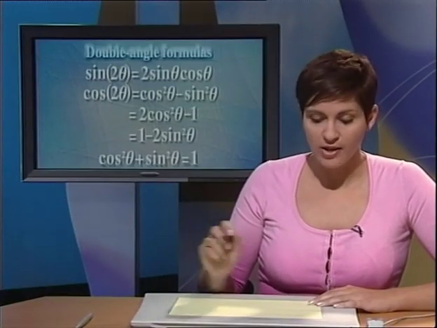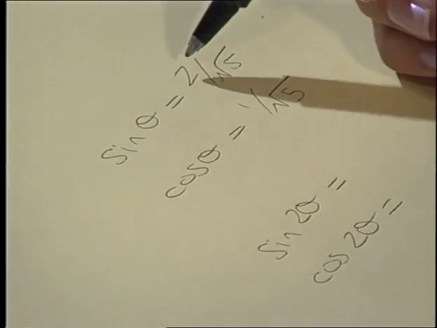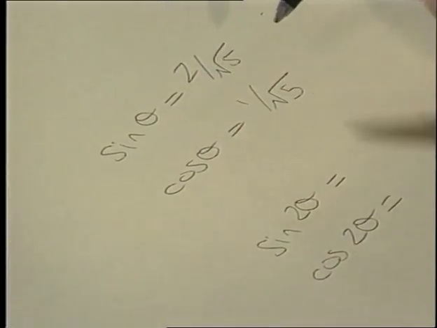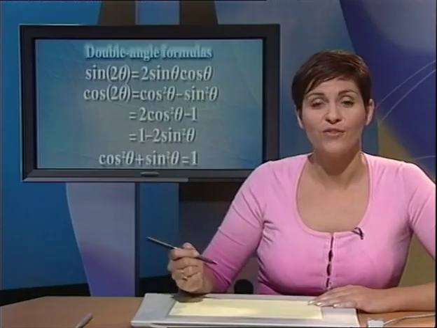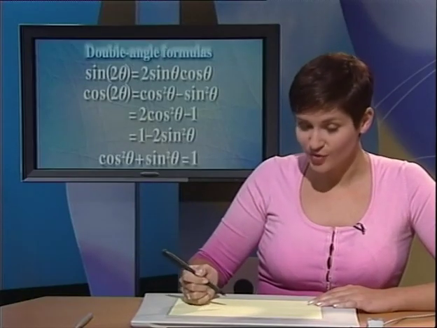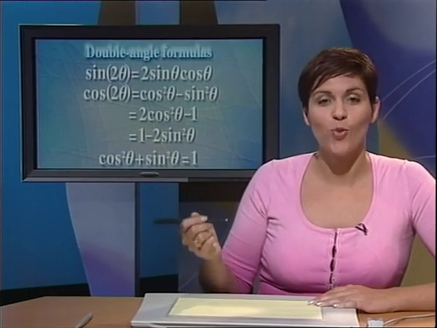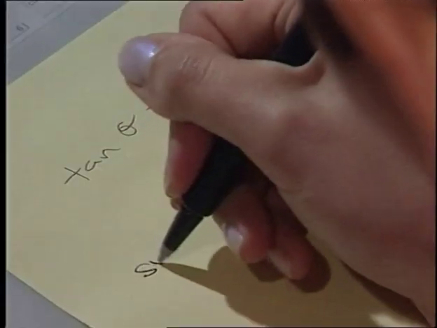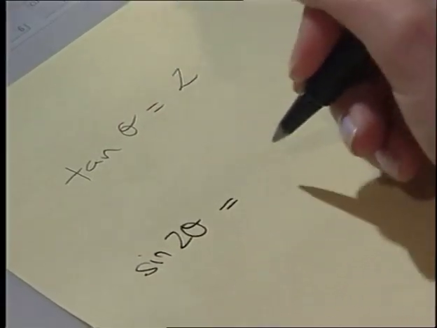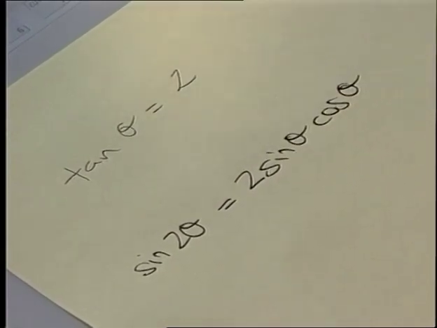I know that the tan of theta is equal to 2, and from my right-angled triangle, I know that the sine of theta is equal to 2 over root 5, and the cosine of theta is equal to 1 over root 5. So first of all, what's the sine of 2 theta? Well, there's only one expression to choose from to work this out, and it's the top one. The sine of 2 theta is equal to 2 sine theta cosine theta.